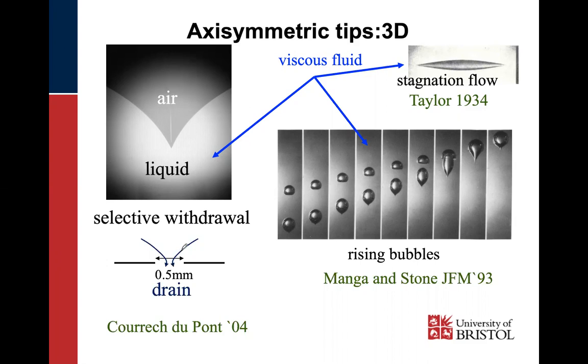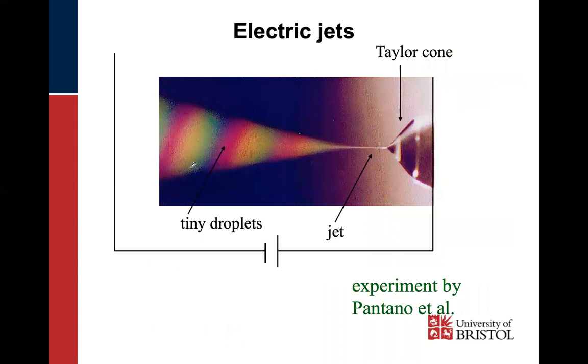And the resulting flow deforms the interface between liquid and air once more into this very sharp tip. And we did, almost 20 years ago, a series of very precise measurements, which will feature a little later in this talk. Let me just also mention that axisymmetric cone-like structures arise in many different situations.